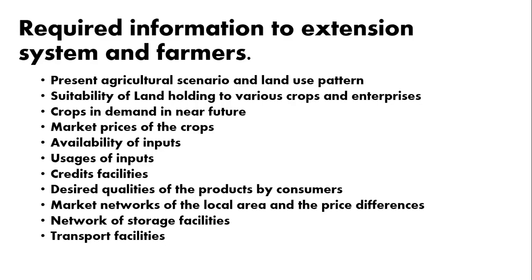Okay, we have inputs, don't worry, go for paddy farming, we will supply the input you want at the right time, right? We should have availability information, and information on usage, how to use effectively, and credit facilities: what facilities are given by the different financial organizations, banks and others, and the local creditors, what is available and how they can utilize it, and the desired qualities of the product by the consumer.